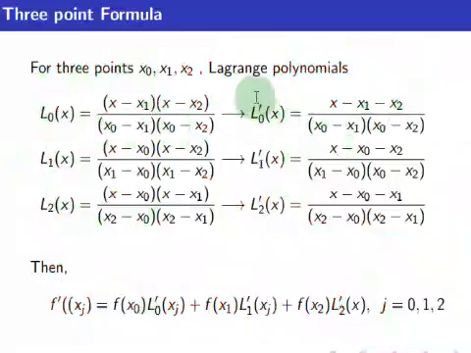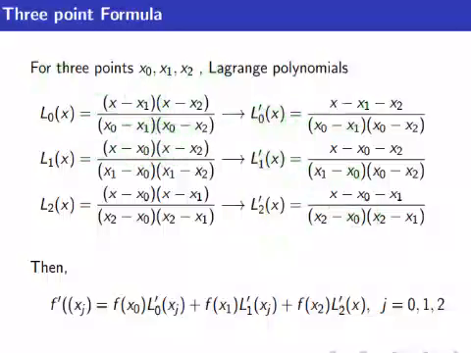L0 prime is this one, L1 prime is this, L2 prime is this. I recommend you sit down with a piece of paper and go through this. You have to do this on your own to understand this one. I think this one is very important in the exam.